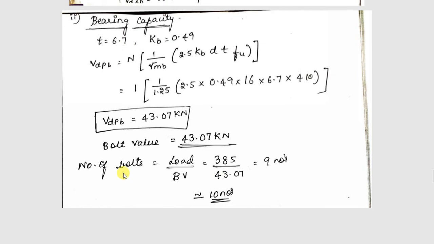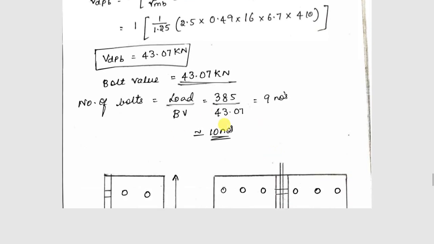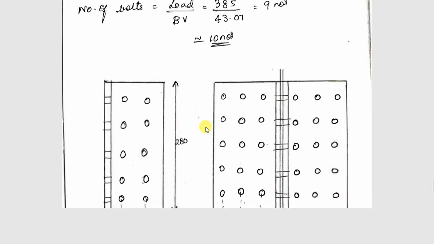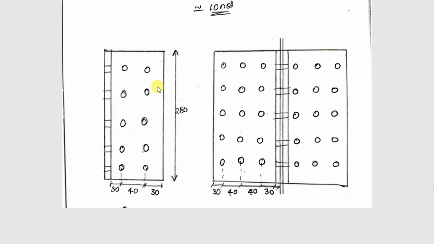So now to get the number of bolts, it is 385, that is the load, divided by the bolt value. You will get 9 bolts. Instead of that, you will go with 10 bolts. You can see here 5 bolts in each line. So these are the pitch and edge distances. So the dimension of this angle leg will be 30 plus 40 plus 30, that will be 100.